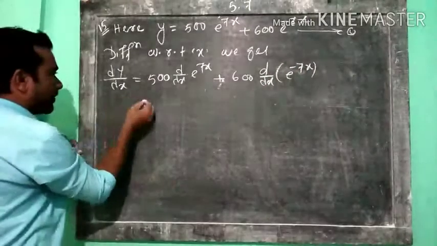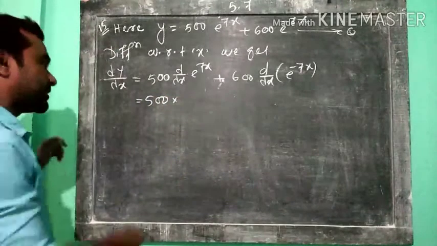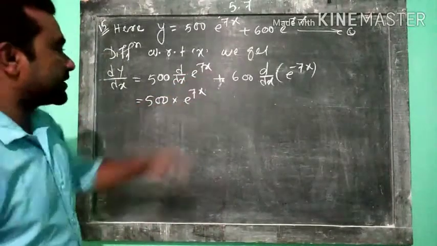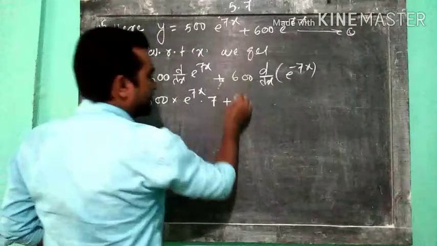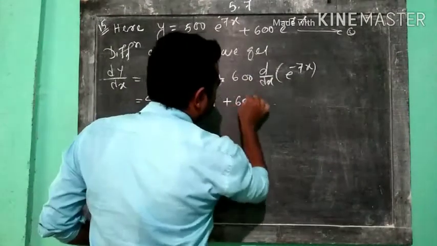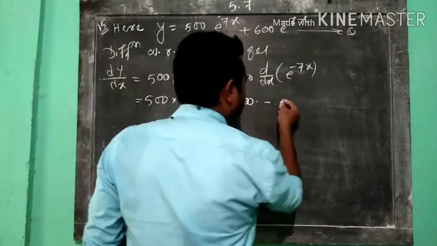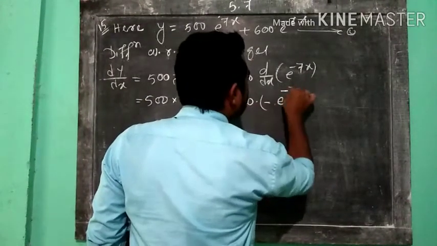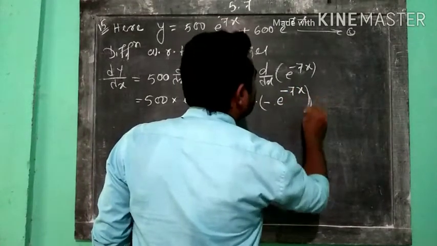So this is equal to 500 into e to the power 7x, since the derivative of e to the power x is e to the power x. If we differentiate this, then we have 7, plus again 600 into d/dx of e to the power minus 7x, which is minus e to the power minus 7x into 7.